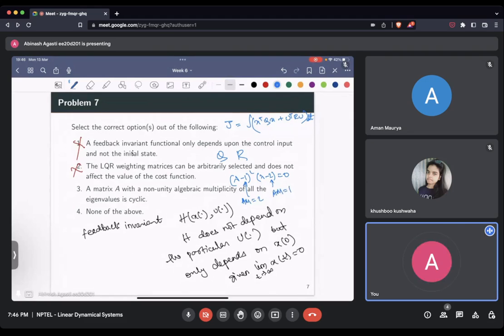Okay, so how many times it repeats as a root gives me the algebraic multiplicity. And if algebraic multiplicity is greater than 1, then I cannot guarantee whether the diagonal form will be Jordan or non-Jordan and how things will happen.